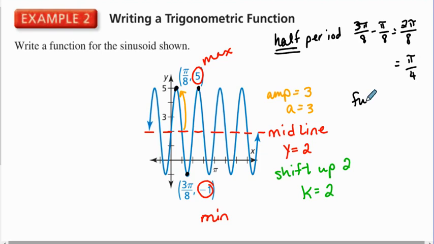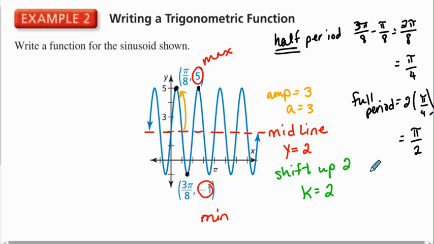So a full period, I just need to double that. 2 times pi over 4, right? And that's going to be pi over 2. Okay, that's my period. My period is equal to 2 pi over b.